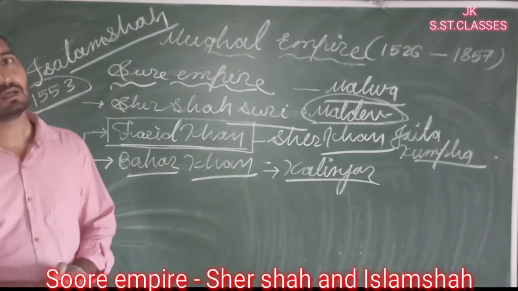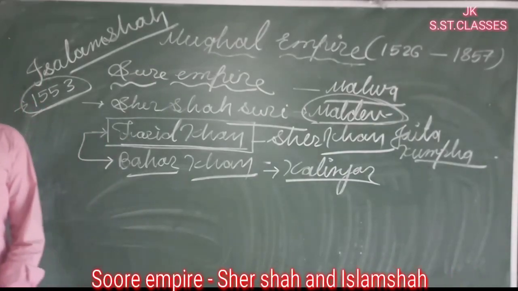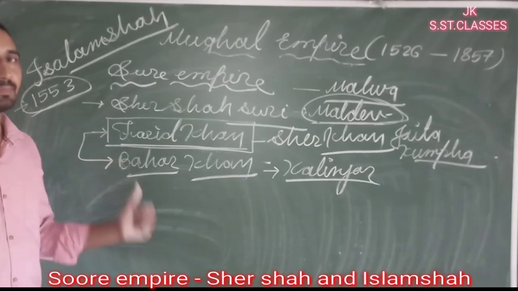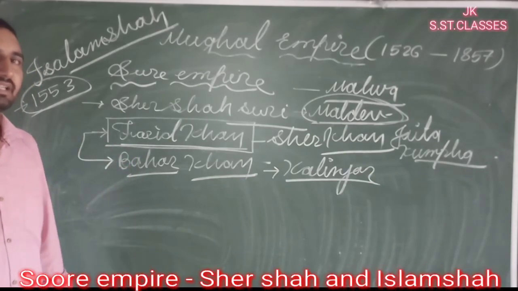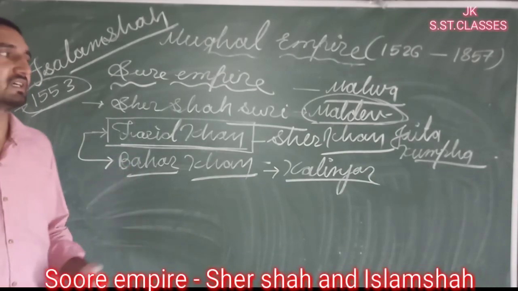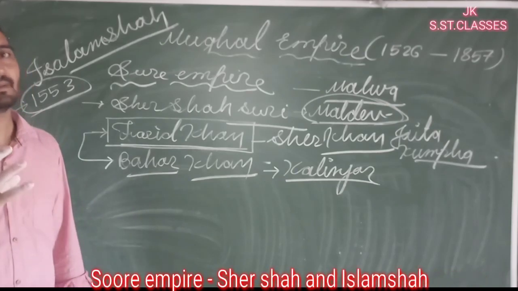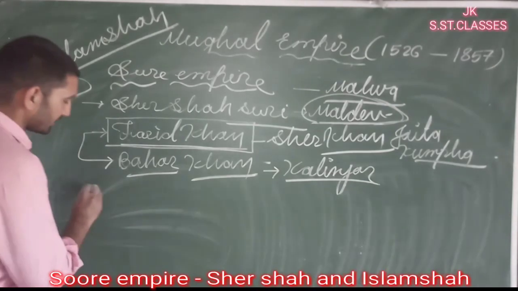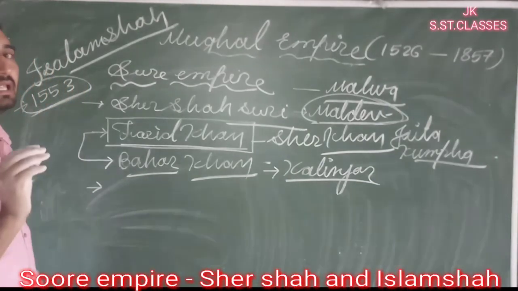If we talk about the major contribution of Sher Shah in the medieval period of India, we can say that the most important things are related with his construction and reforms. Okay, so he made many reforms in measurement and land revenue.